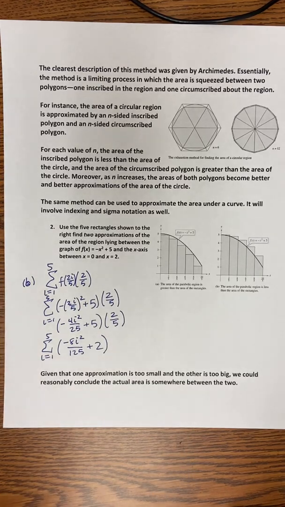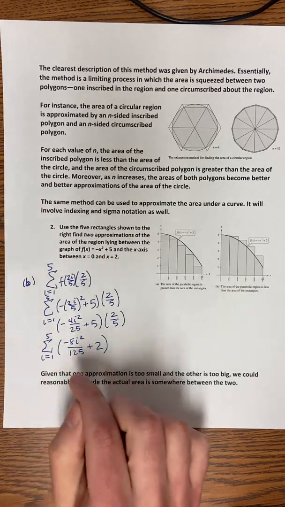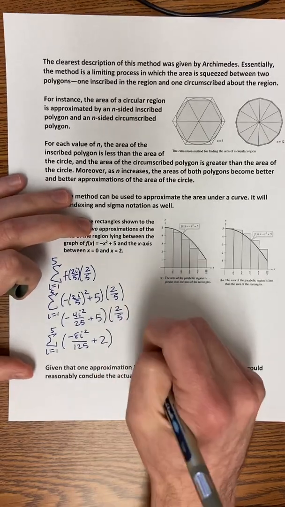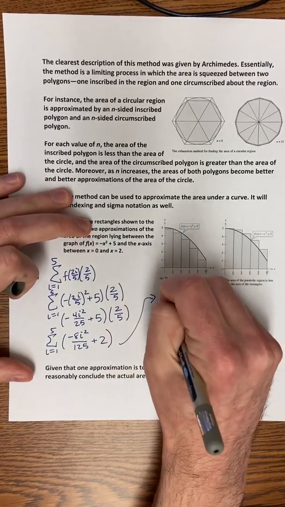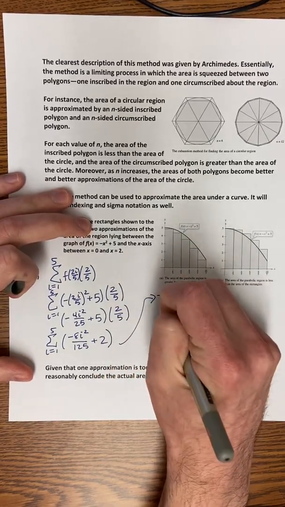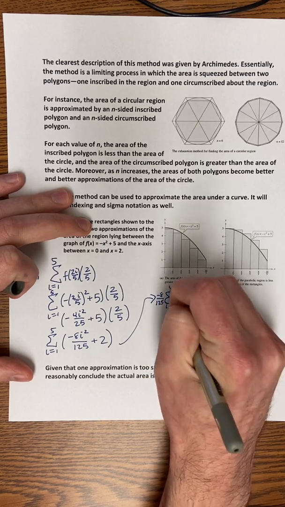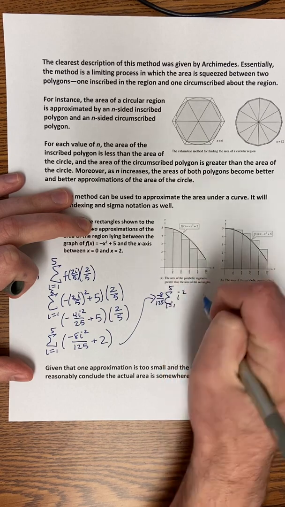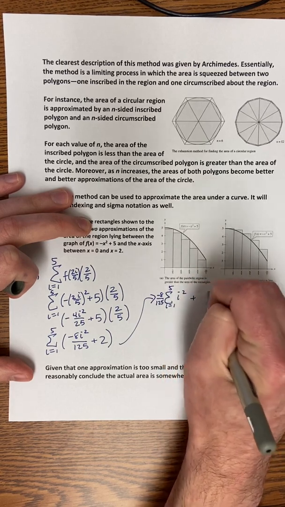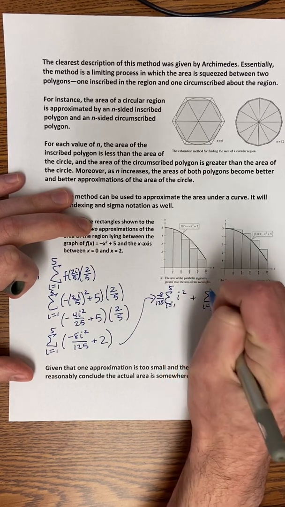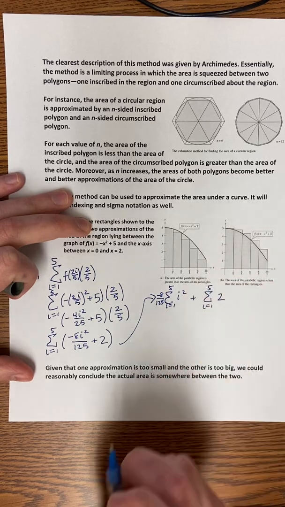And if I use my sigma notation rules for i squared, and what I can move out front, I know that using my rules, I can pull negative 8 over 125 out from i equals 1 to 5 of i squared, plus the summation from i equals 1 to 5 of 2.